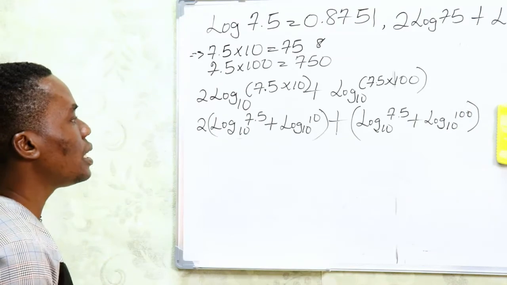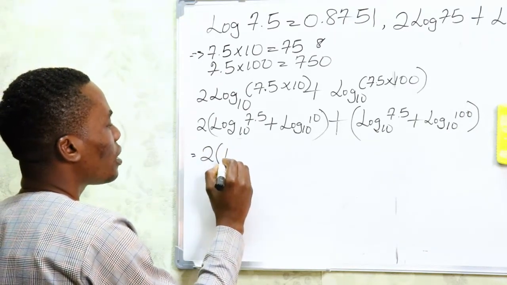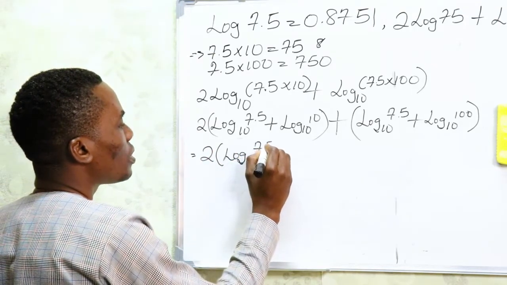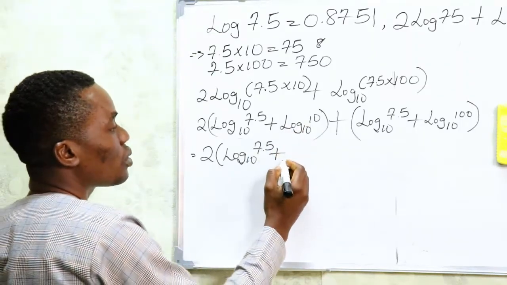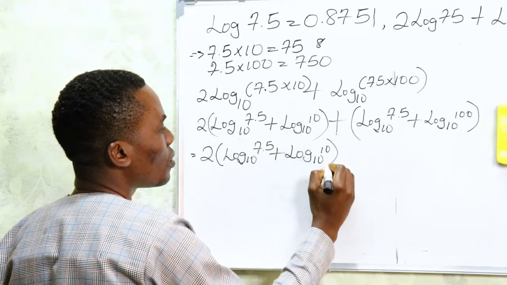Now if we simplify this further, we have 2 into bracket log base 10 of 7.5 plus log of 10 base 10, which is what? 1. But we're not going to do that now. Let's still write it out.